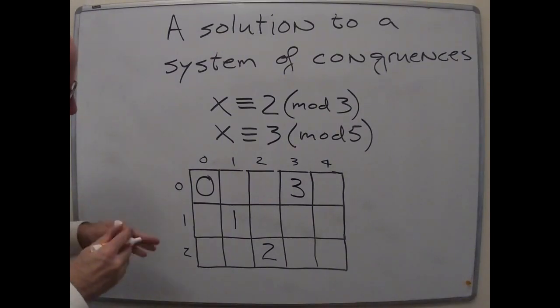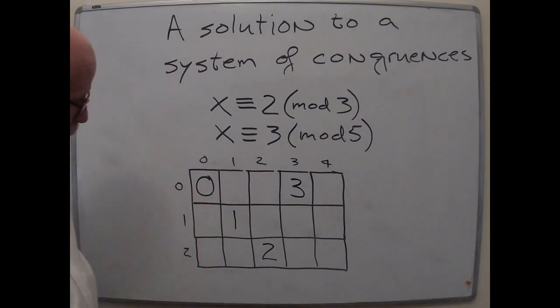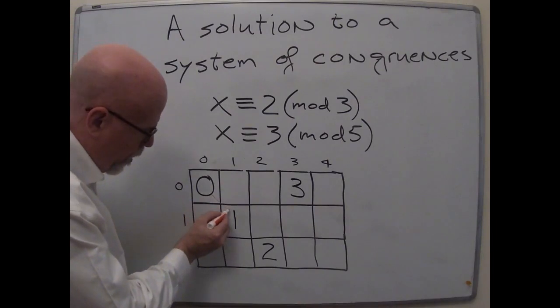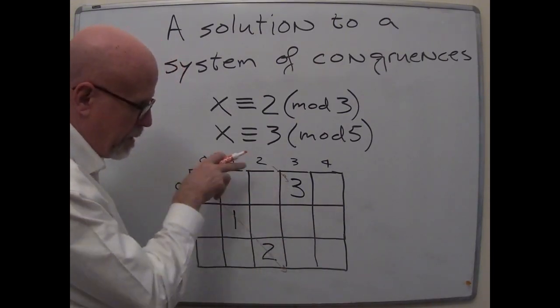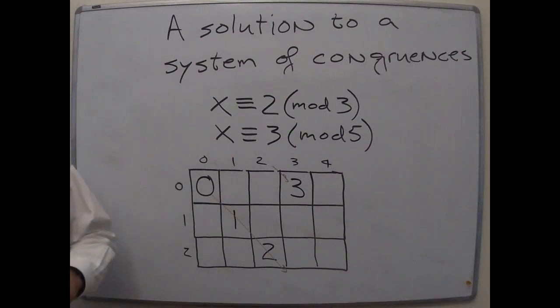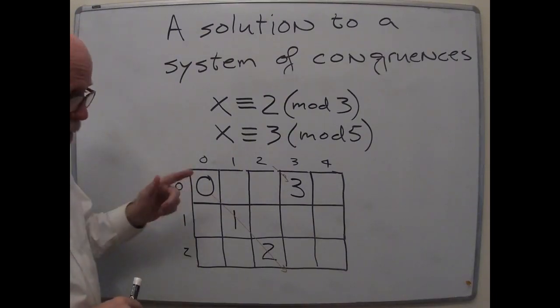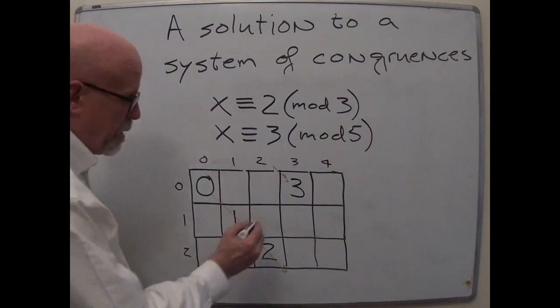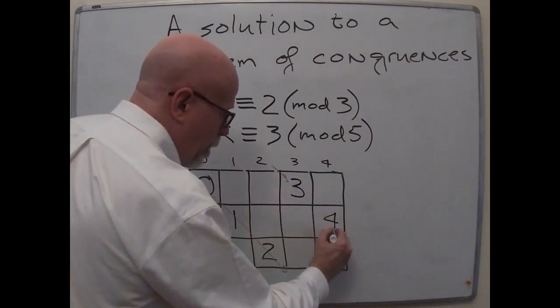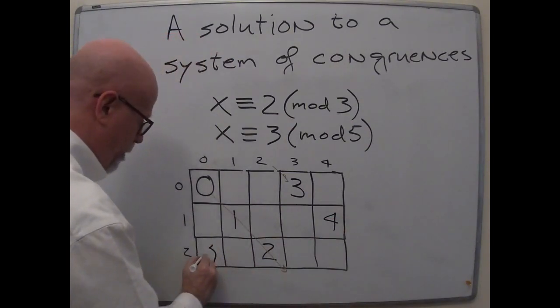Now that might be enough evidence for you to see the general pattern going on. This is what I call the video game topology. If you go off the bottom of the table, you come back in on the top. Let's keep going like that. If we hit a boundary, we just jump to the other side and keep going. So here's 3, there's 4. We go off the edge, and 5 comes in there.